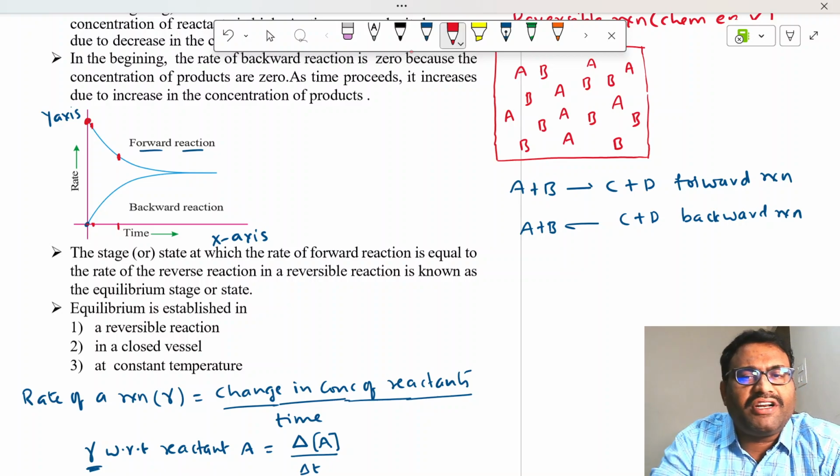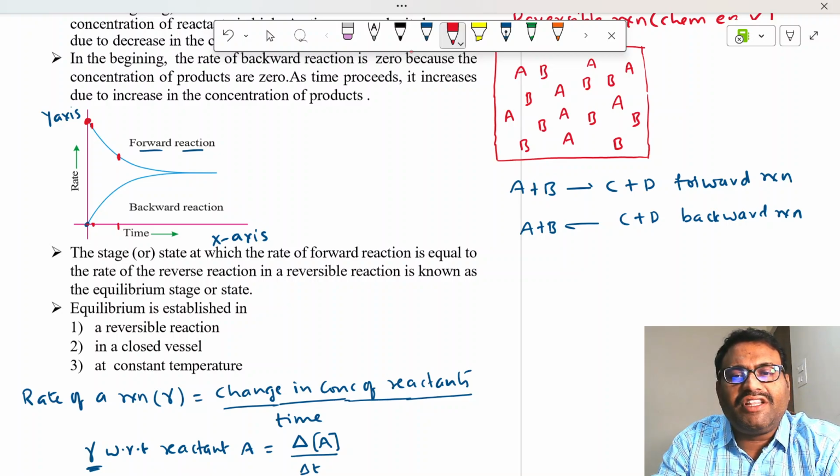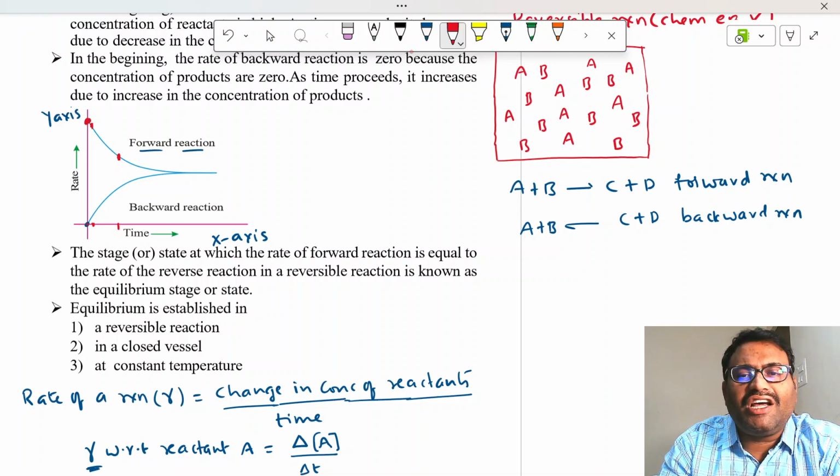Why is the rate of the forward reaction decreasing? Because as the time proceeds, the number of reactant molecules decreases. When the number of molecules decreases, then the change in the number of reactant molecules, or change in the concentration of the reactants, decreases.